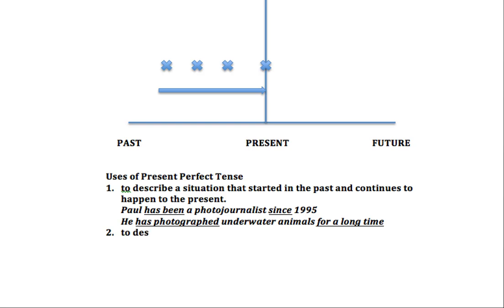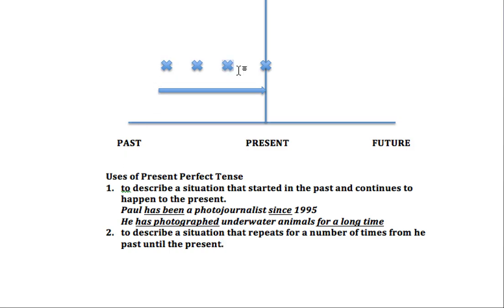So to describe a situation that repeats for a number of times from the past until the present. If you take a look at the graph here, this is an example of an action that started in the past, and it happens repeatedly in the past until the present.